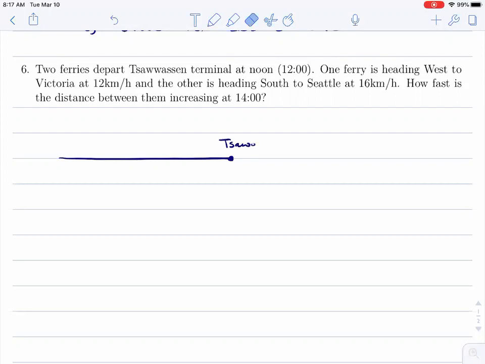Oops, spelled my hometown wrong. It's saw, was, sen, and then the T goes to the front. Okay, so this ferry is heading to Victoria.